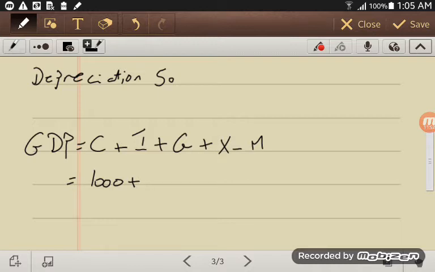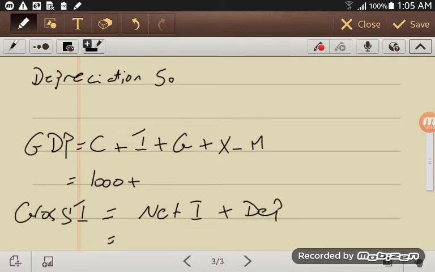So we have to convert net investment to gross through adding depreciation. So gross investment is calculated as net investment plus depreciation. Net investment is 200 plus depreciation, which is 50, so it's 250.